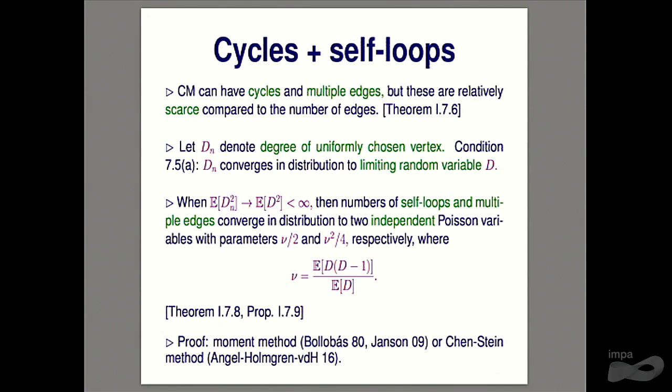Okay, so we're interested in simplicity. Simplicity is the same thing as saying that there are no self-loops nor multiple edges. Now it's here that the second moment assumption kicks in. In fact, under the second moment assumption, you can show that the number of self-loops converges to a Poisson random variable.